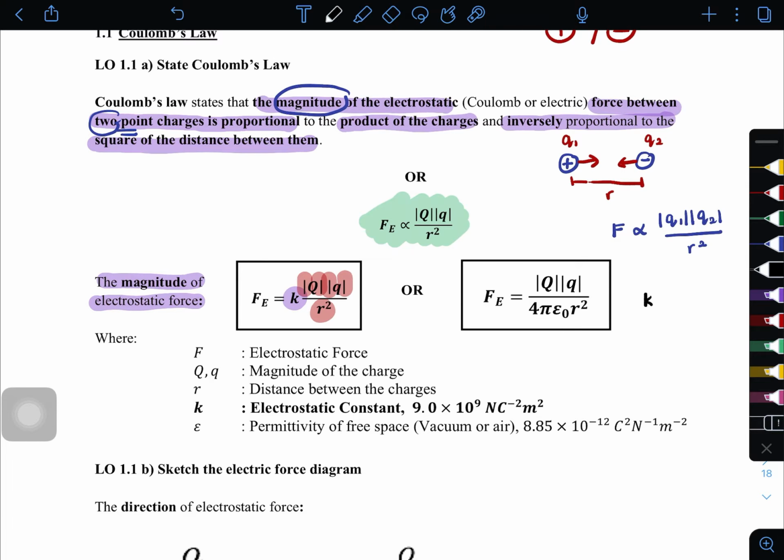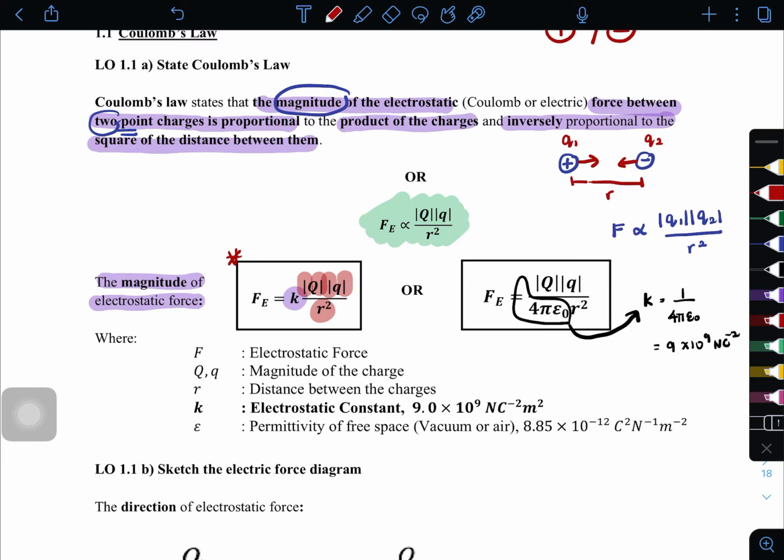Symbol k is equal to 1 over 4 pi epsilon naught, and its value is 9 times 10 to the power 9 newton metre squared per coulomb squared. You don't need to use this formula because this one is also equal to k. So you just need to know this formula. Alright, so that is Coulomb's law.